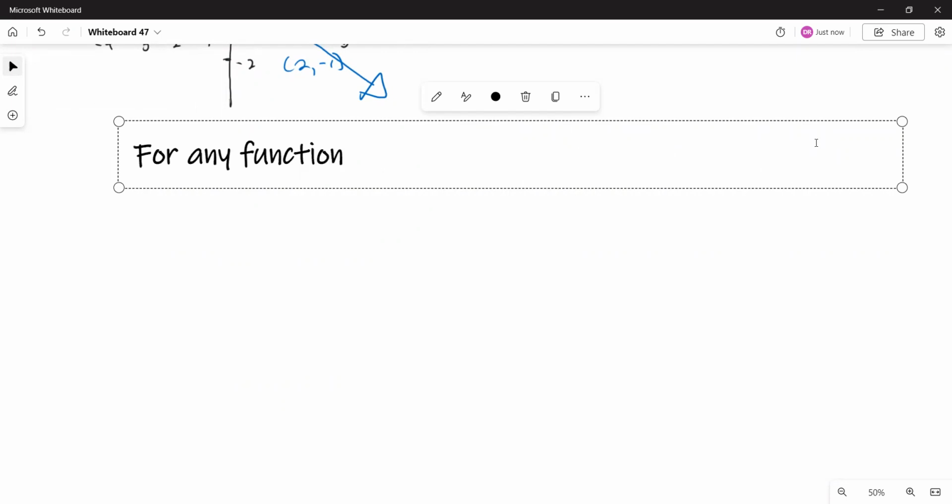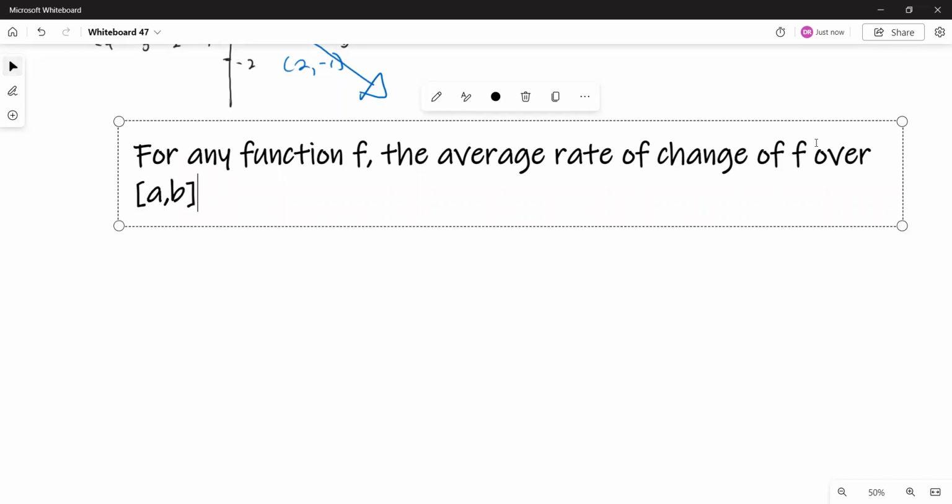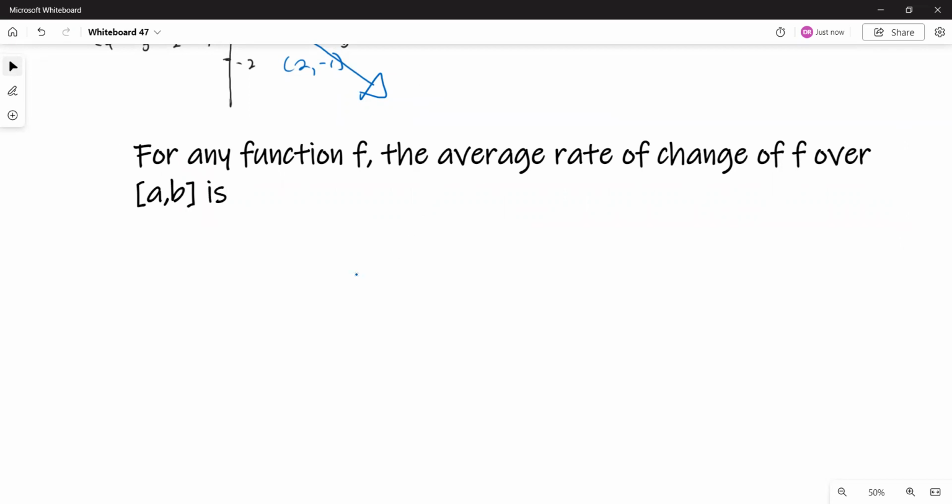For any function f, the average rate of change of f over a comma b is f of b minus f of a over b minus a.